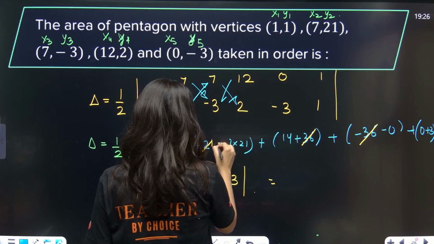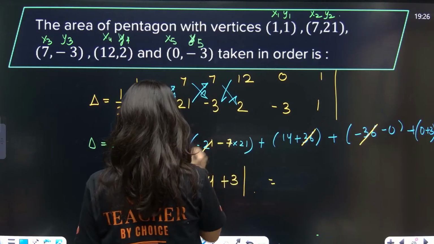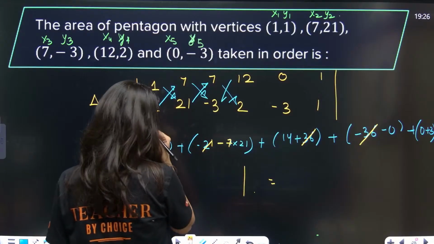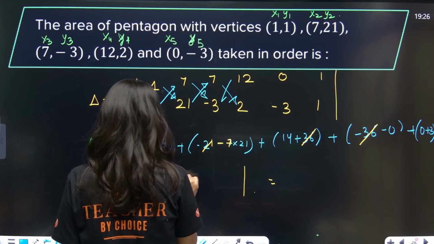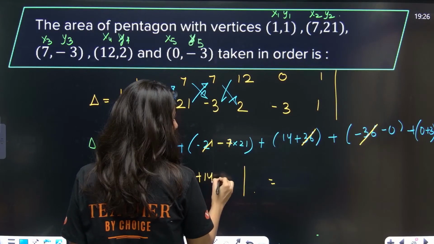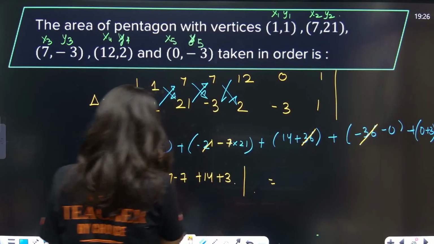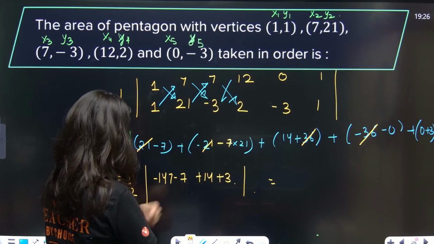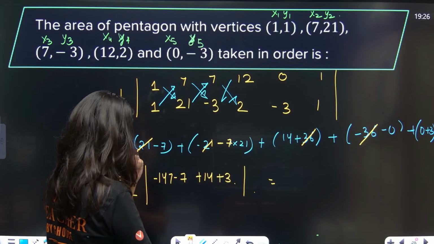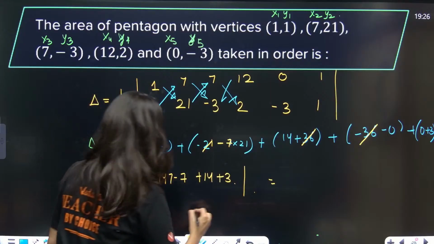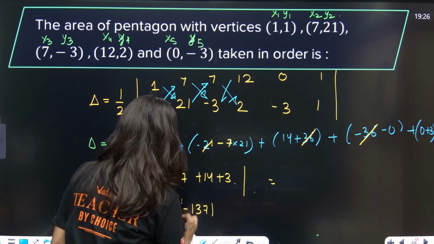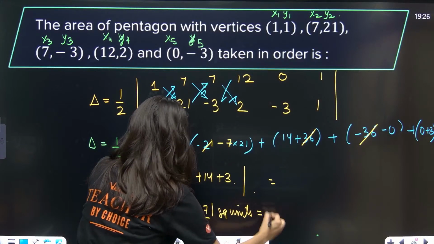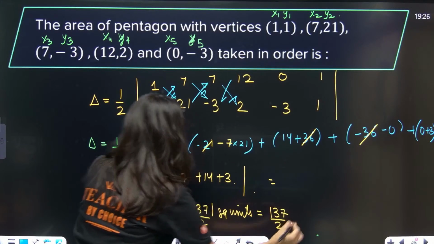So minus 21 minus this. So minus 147. Oops, correct. So this is minus 147 minus 7 plus 14 and plus 3, correct? So 14 minus 7 is going to give you what? Plus 7. So minus 140 plus 3. Minus 137, modulus by 2 square units. Okay. So 137 by 2.